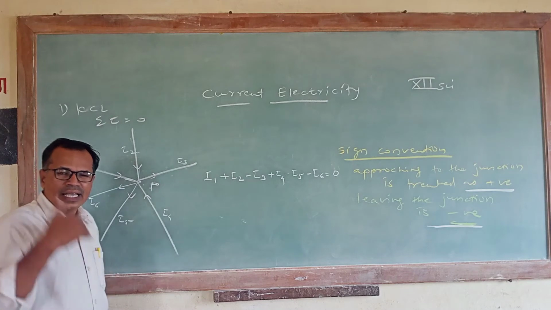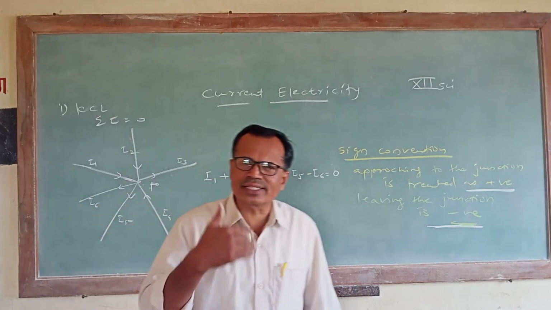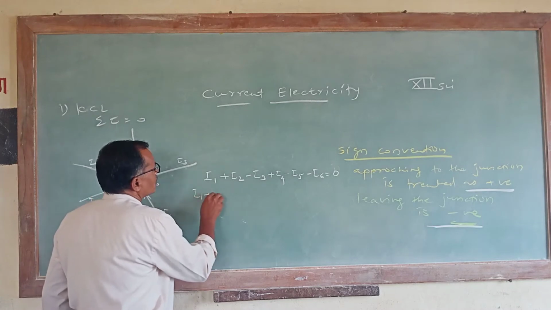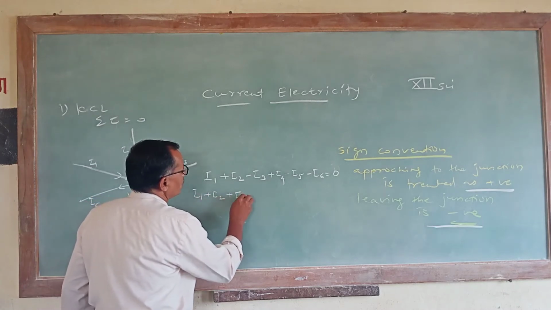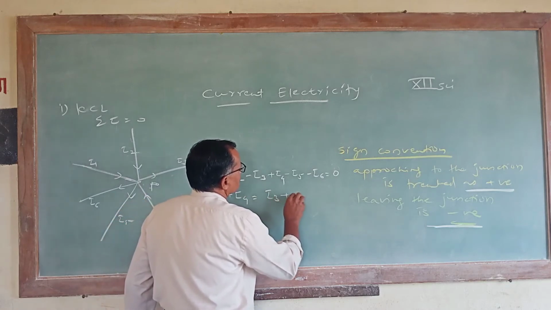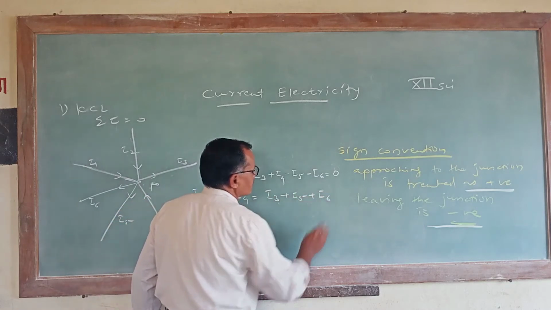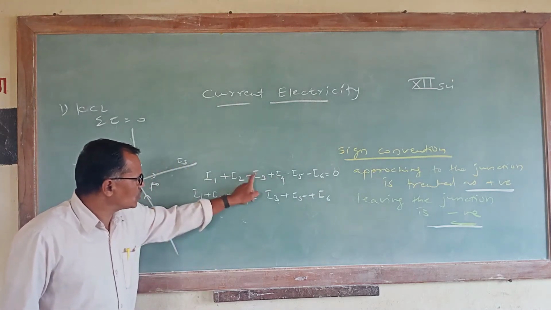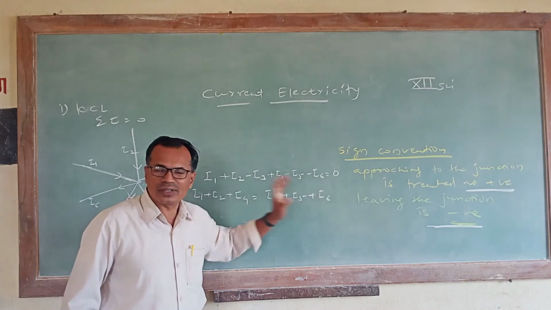That is, the incoming current is positive, outgoing current is negative. Or simply we can write I1 plus I2 plus I4 is equal to I3 plus I5 plus I6. Correct?